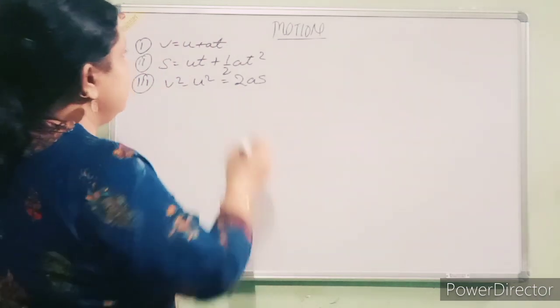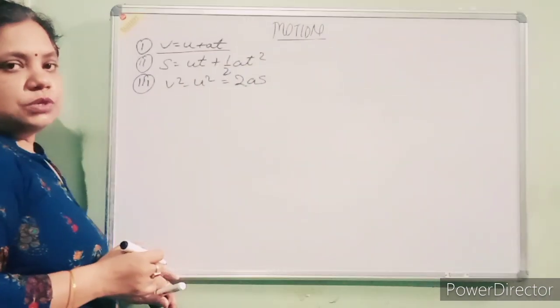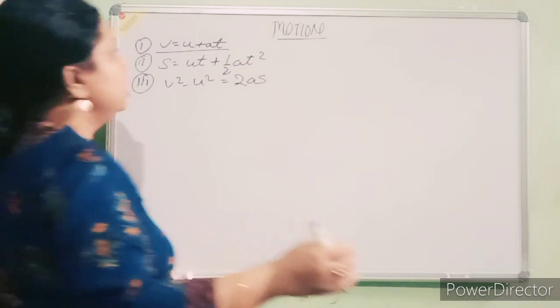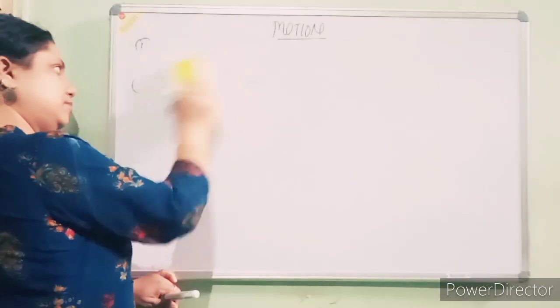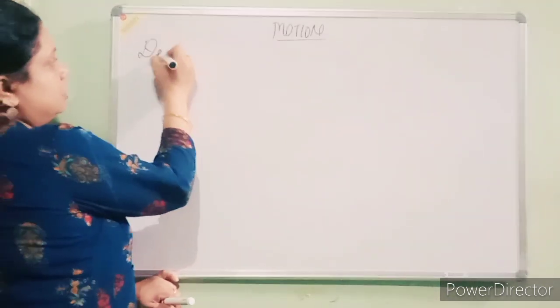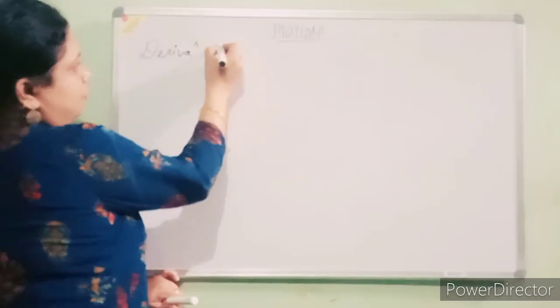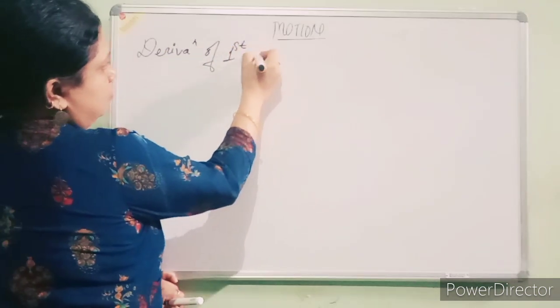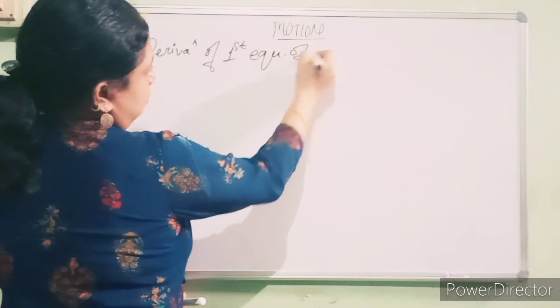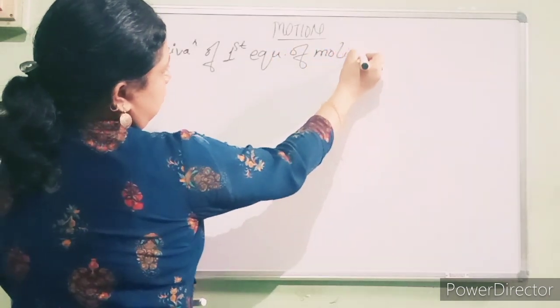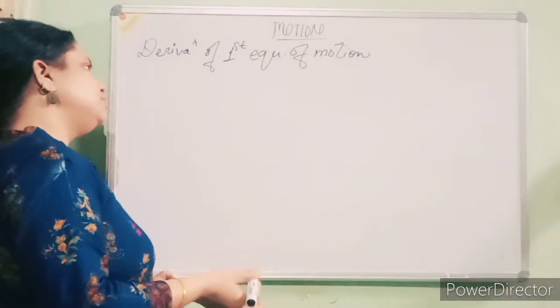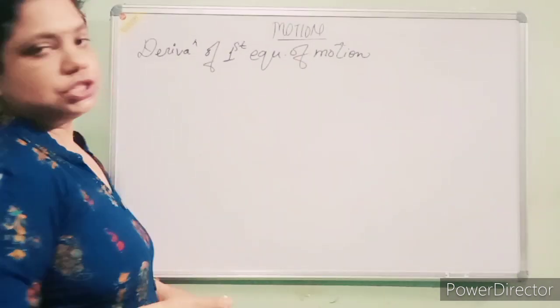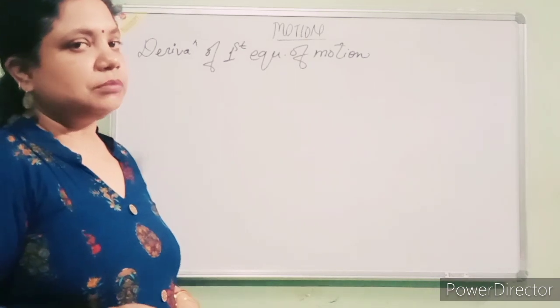Now let's see the derivation of the first equation of motion by the graphical method. Derivation of the first equation of motion: as I am saying, we derive the first equation of motion by the velocity-time graph.